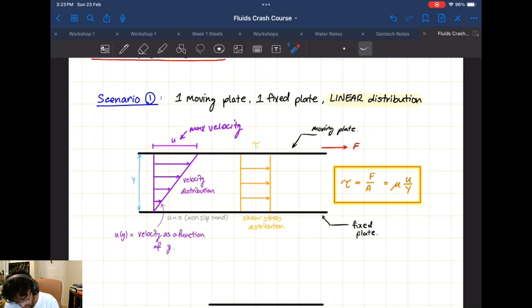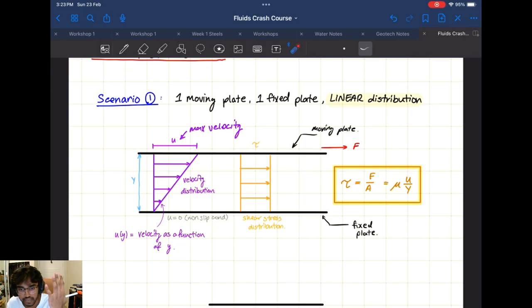The velocity at the top plate, the moving plate, is going to be the maximum, and the velocity of the fluid is going to be the same as the velocity the plate is moving at. Let's say the plate is moving at a velocity u; the fluid at that point will also be moving at a velocity u.